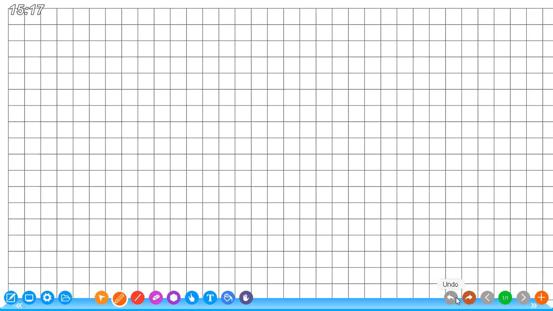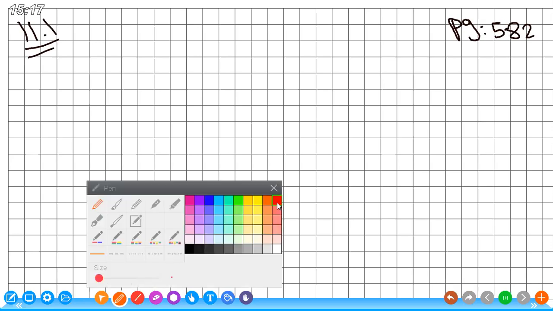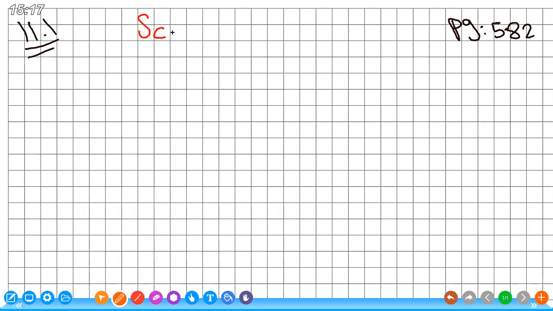First of all, this is 11.1, page 582, and the title of this lesson is scatter plots.